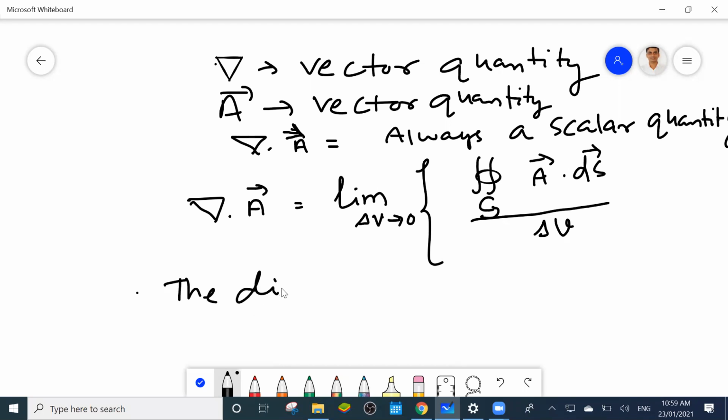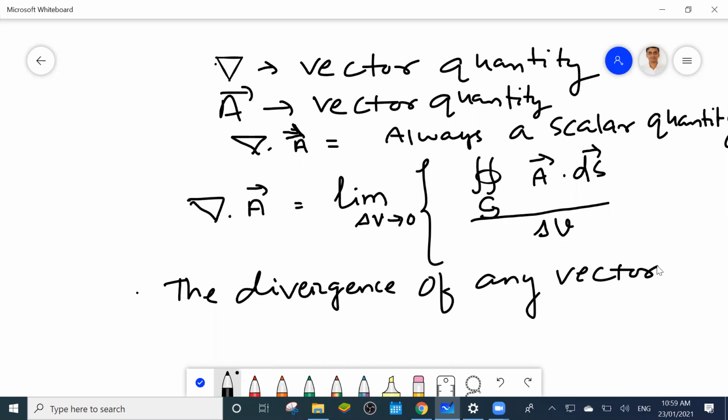The divergence of any vector A represents the flux of the vector.